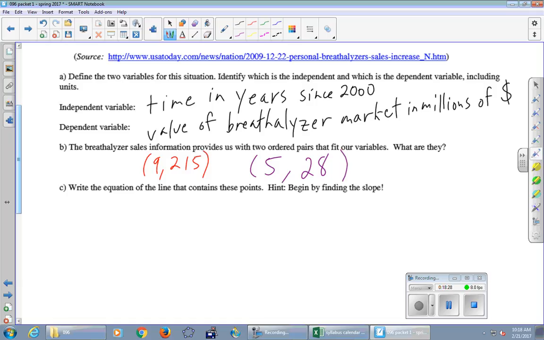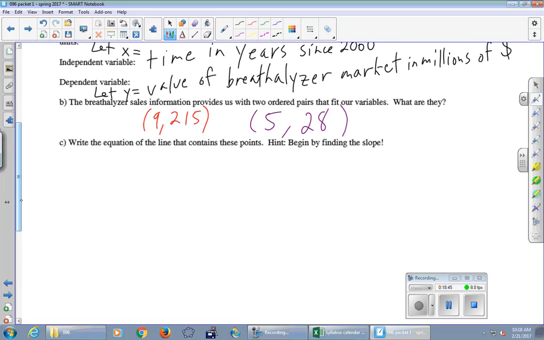So I think we've been calling them X and Y, but I didn't actually say that up here. So let's squeeze that in here. Let X equal, let Y equal. Okay, write the equation of the line that contains these 2 points.